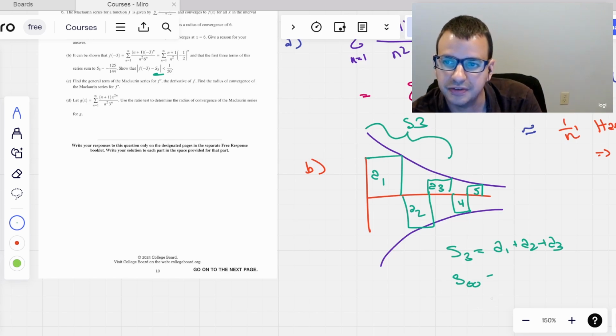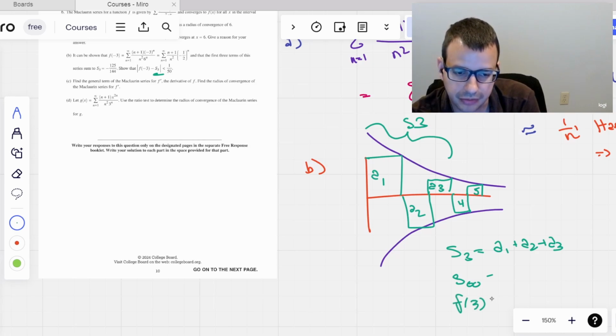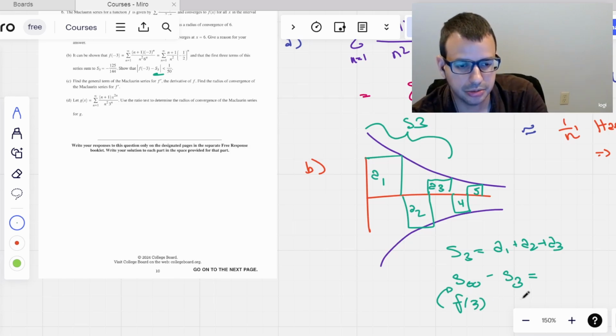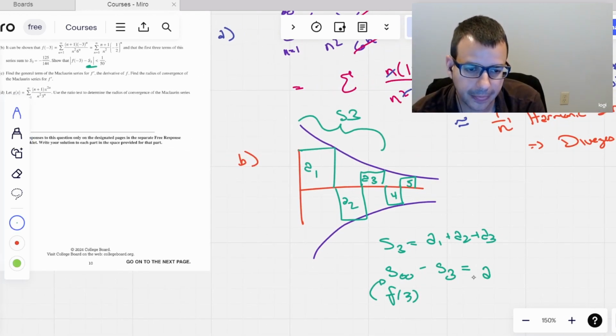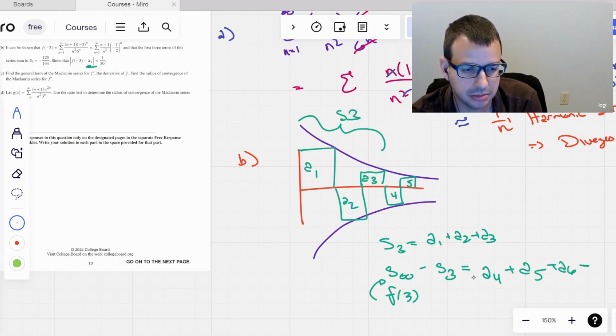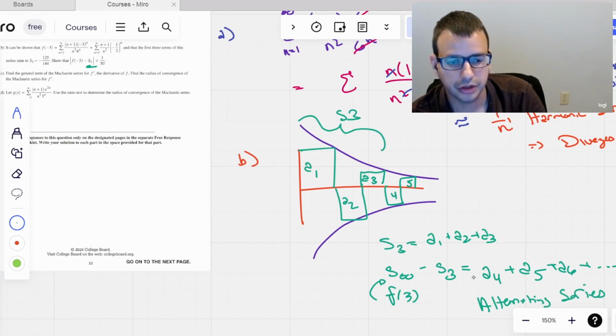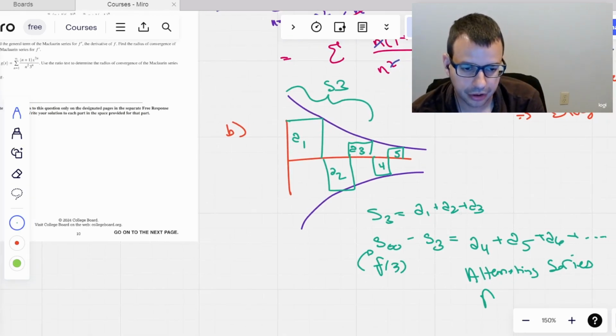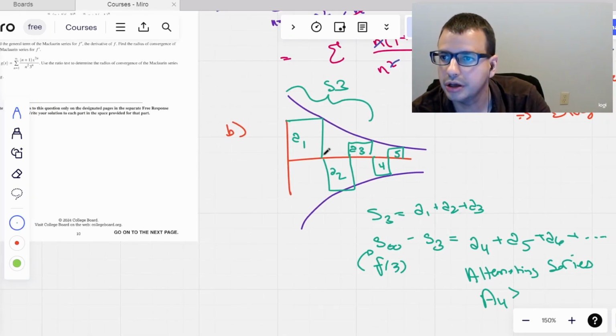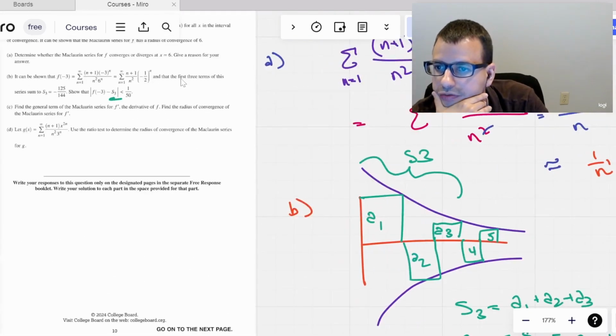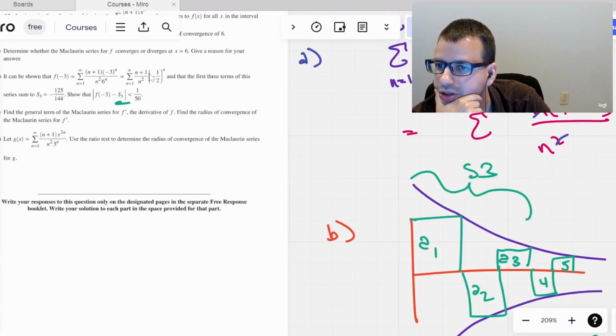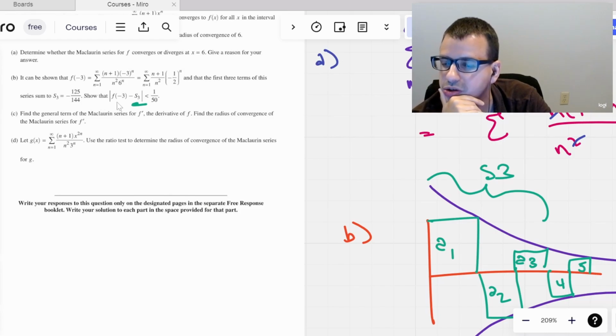So S infinity, which is the same as F of 3, minus S3 is going to be equal to A4 plus A5 plus A6 plus dot dot dot. Since this is an alternating series, A4 will be bigger than the first three terms. It can be shown that the series equals this. Show that.